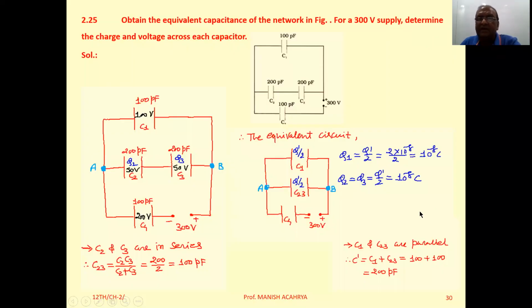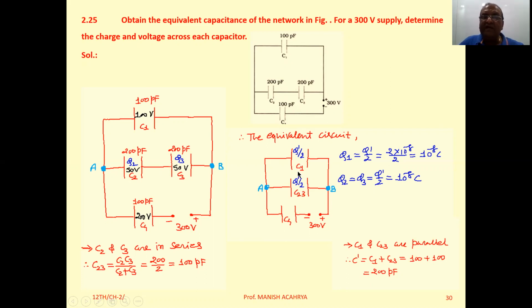Now see, C dash is actually the parallel combination of C1 and C23. C1 has value 100 picofarad, and C23 that we calculated is also 100 picofarad. So we can say C1 and C23 are identical. Both are in parallel, so the total charge Q dash will be equally distributed between C1 and C23.